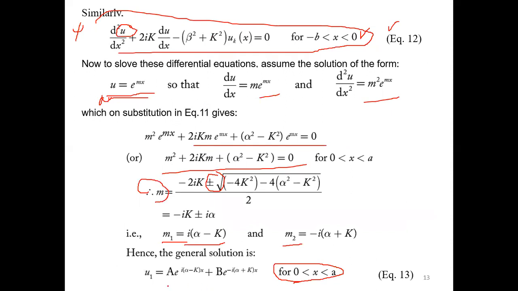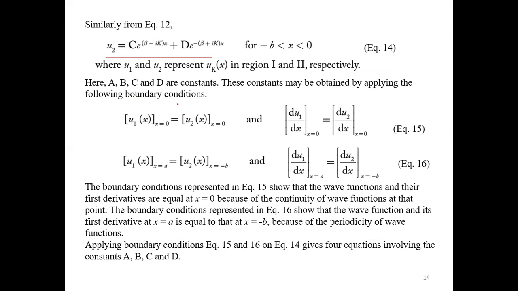So the first solution, U1, is this, and for x in region 2, we'll have this equation. Here U1 and U2 represent u(x) in region 1 and region 2 respectively.